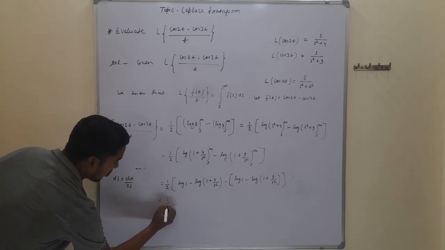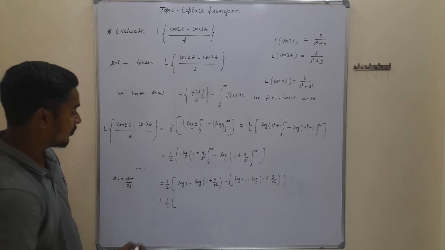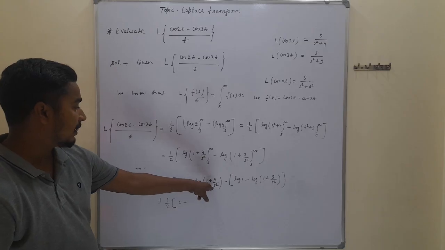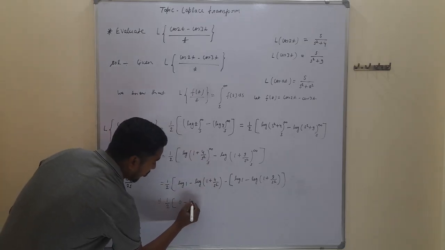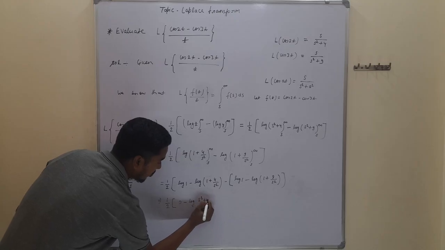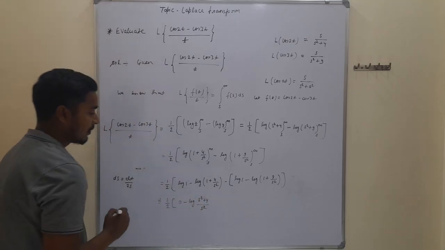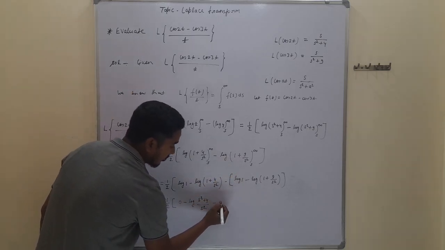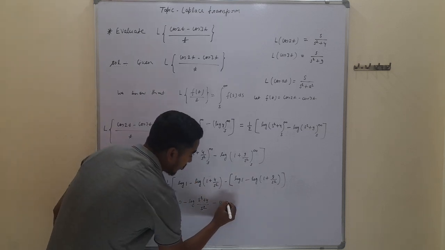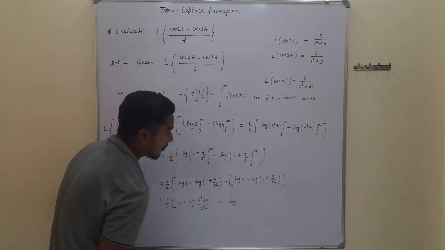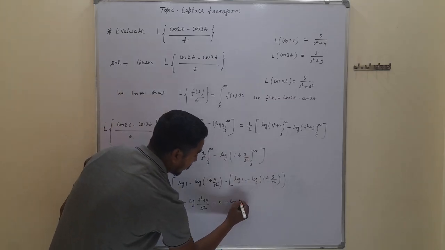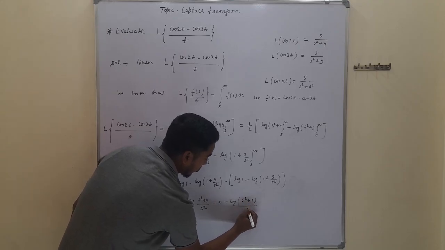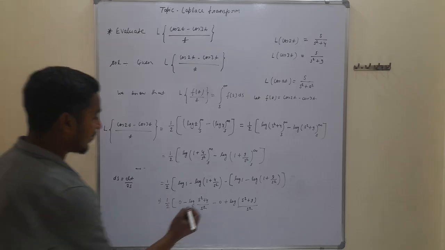Here we get 1 by 2 and log 1 is 0, and minus, taking LCM here, log of s square plus 4 upon s square, and here is minus, and here is also 0, log 1 is 0, so we get minus 0, and here is plus log, taking LCM also here, this gives s square plus 9 upon s square, and the remaining is here once again.